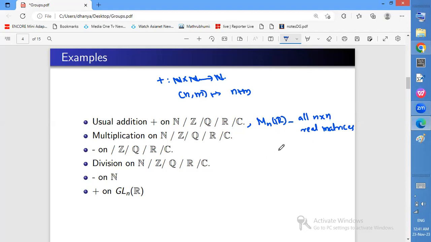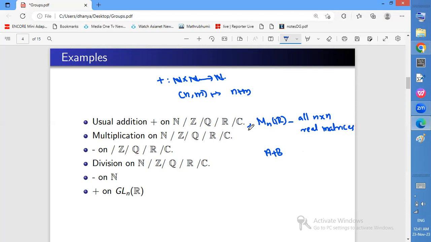We know for any two n by n matrices A and B, we can define the sum, right? Also, since A and B are real matrices, the sum will also be a real matrix of order n. That means addition is a function from Mn(R) cross Mn(R) to Mn(R). That means this defines a binary operation on the set of all n by n real matrices.